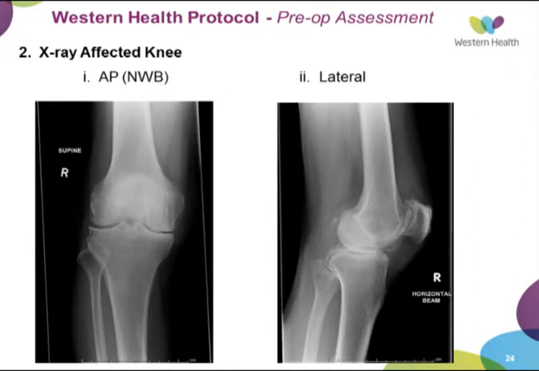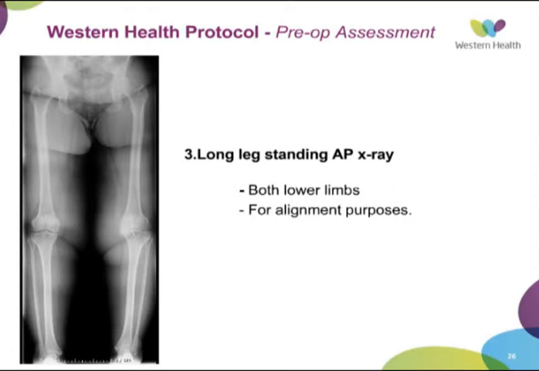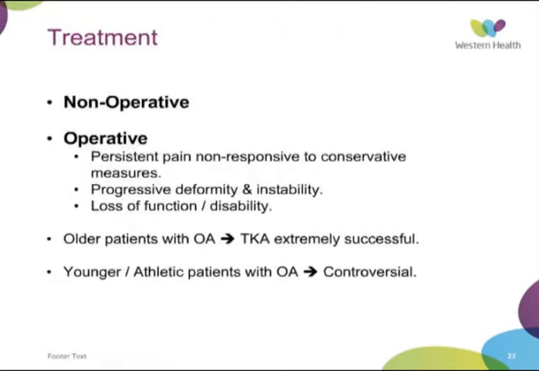Your AP non-weight-bearing x-ray and your lateral x-ray, and your intercondylar and skyline views, and your long leg standing AP x-rays, which looks at both lower limbs and is for alignment purposes.